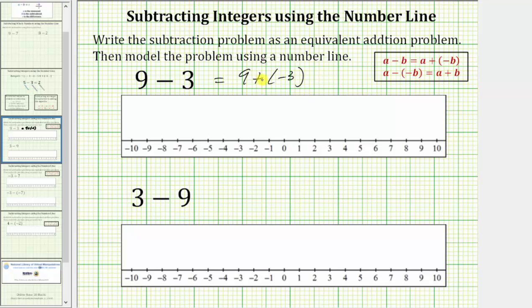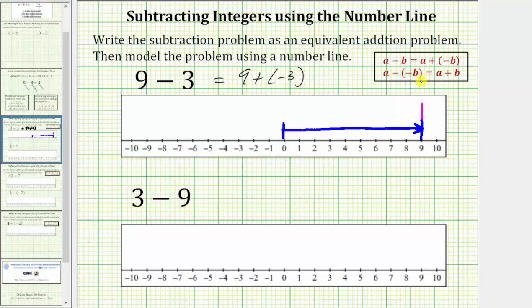To model the sum as well as the difference, we begin by modeling positive 9 on the number line. To do this, we begin at 0 and move right 9 units to positive 9. From here, because we are subtracting positive 3, which is equivalent to adding negative 3, we move left 3 units.